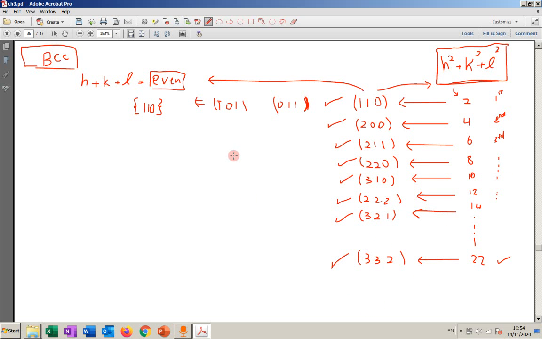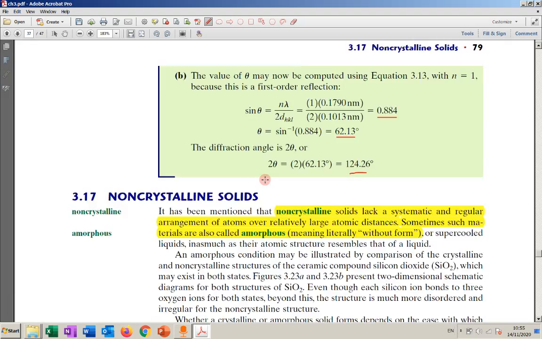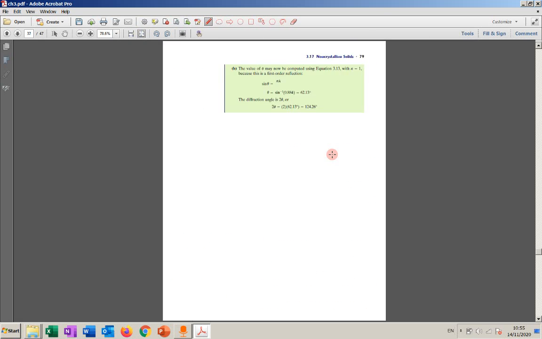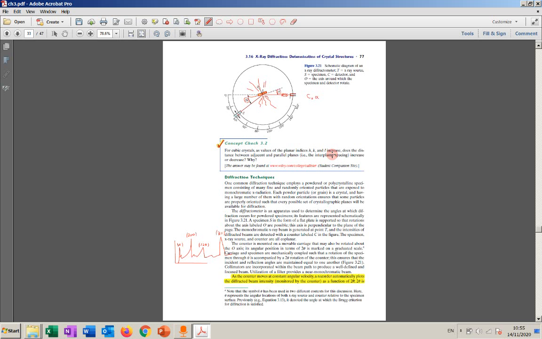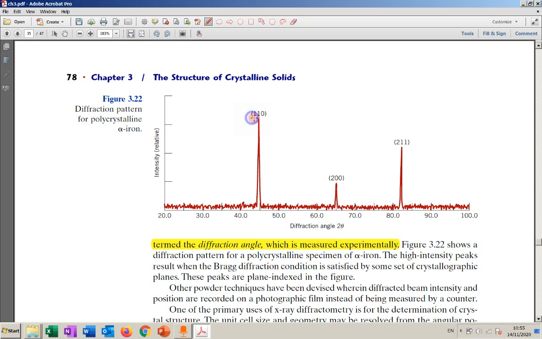Now let's see. Here's the top. Look at here, the first plane 110, which basically h square plus k square plus l square is equal to 2 here, 4 here, 6 here.